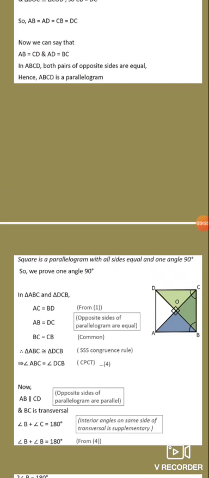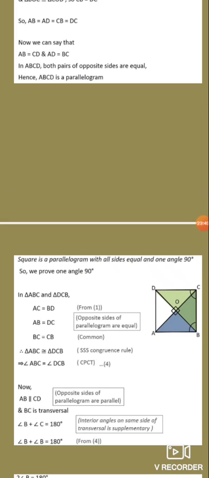Now AB is parallel to DC, opposite sides of the parallelogram are parallel, and BC is the transversal. So angle ABC, that is angle B, plus angle C is equal to 180 degrees. The angles on the same side of the transversal are supplementary.